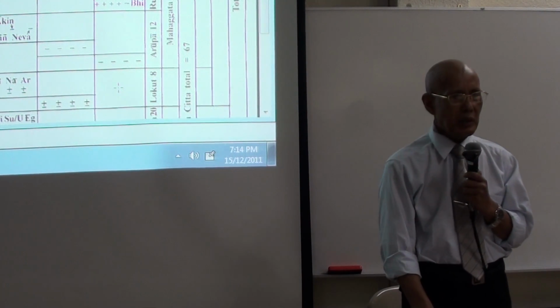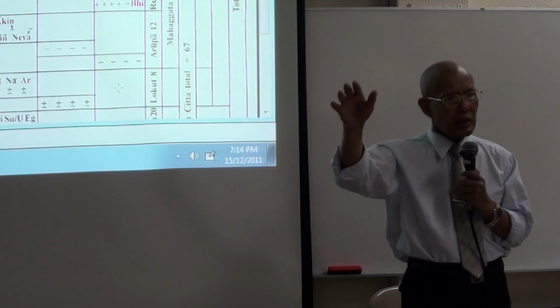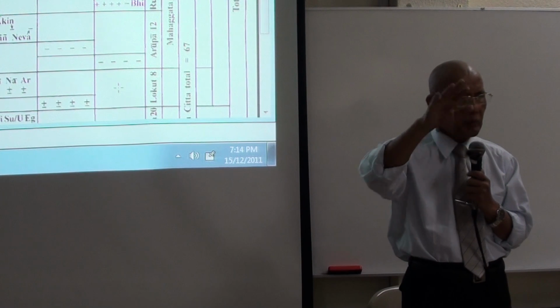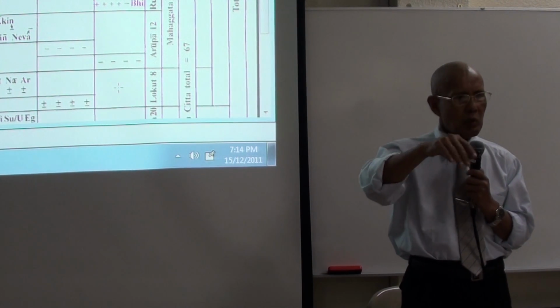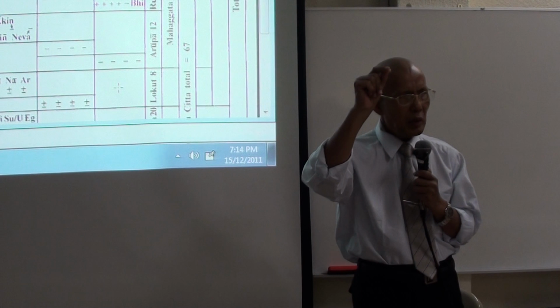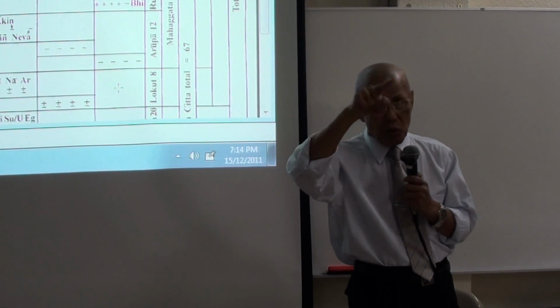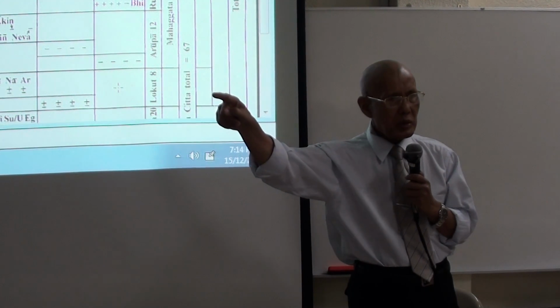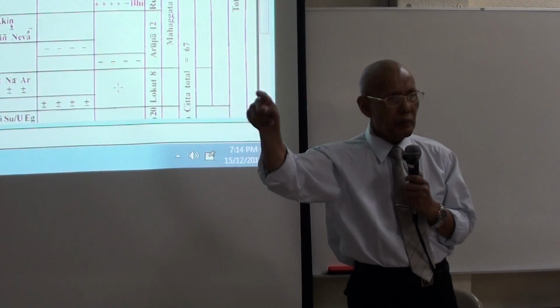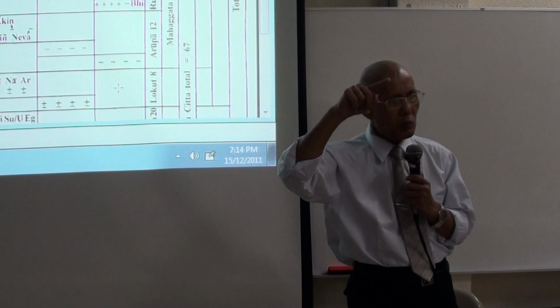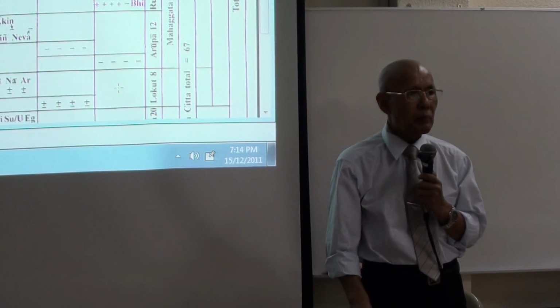And as we say, the chitta can arise very, very rapidly, at the rate of more than 1,000 billion even in one snap of the hand. And one cognitive series consists of 17 consciousnesses. You divide 1,000 billion by 17, we get 58 billion.